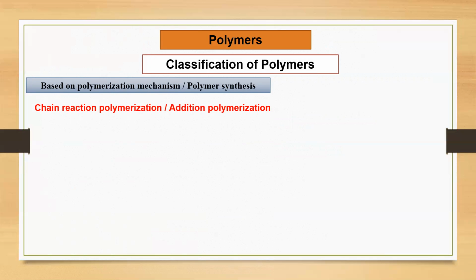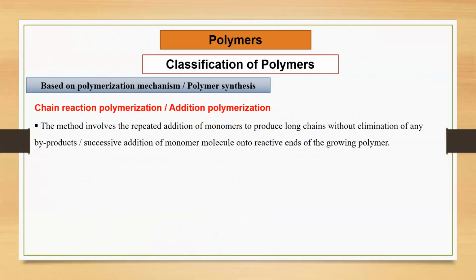That is also known as chain growth polymerization and addition polymerization. This is so called because this method involves the repeated addition of monomers to produce long chains. That is, there is a repetitive addition of one monomer to another to produce long chains.